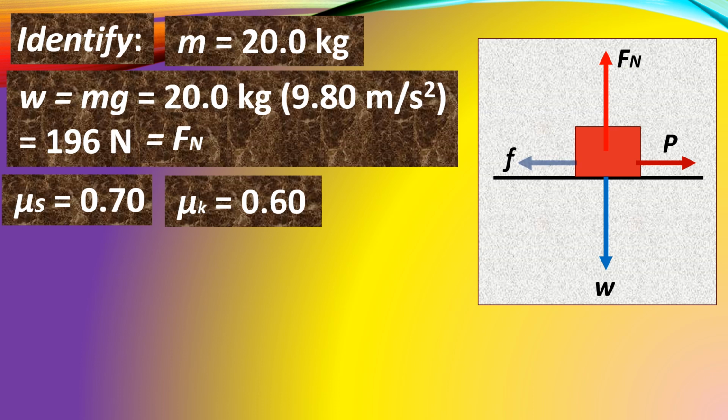As shown in the diagram, the horizontal applied force is capital P and it's directed to the right. Hence, the opposing frictional force, small f, is opposite to the applied force P.